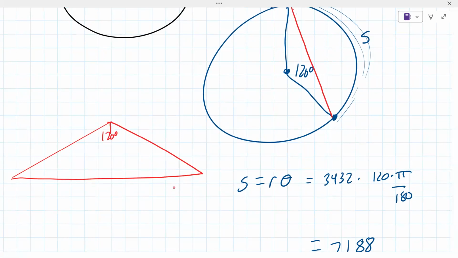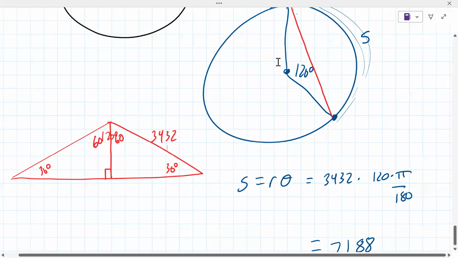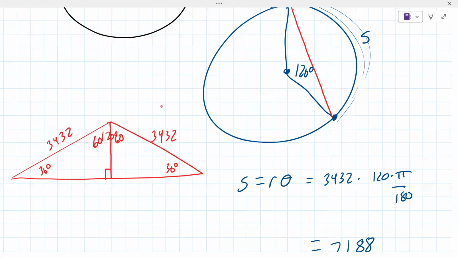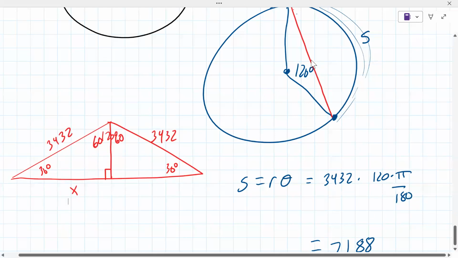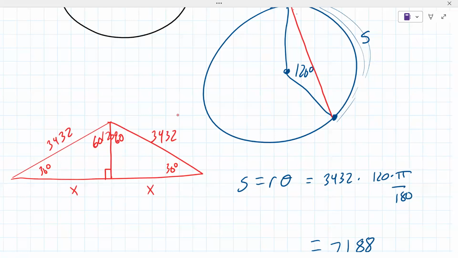If you drop this straight down, this is 60, 60, and 30, and 30. And we know that R is 3432 because that's this radius right here. So we can calculate the X value. We're trying to figure out how far this is. We're going to calculate both X values and get that.